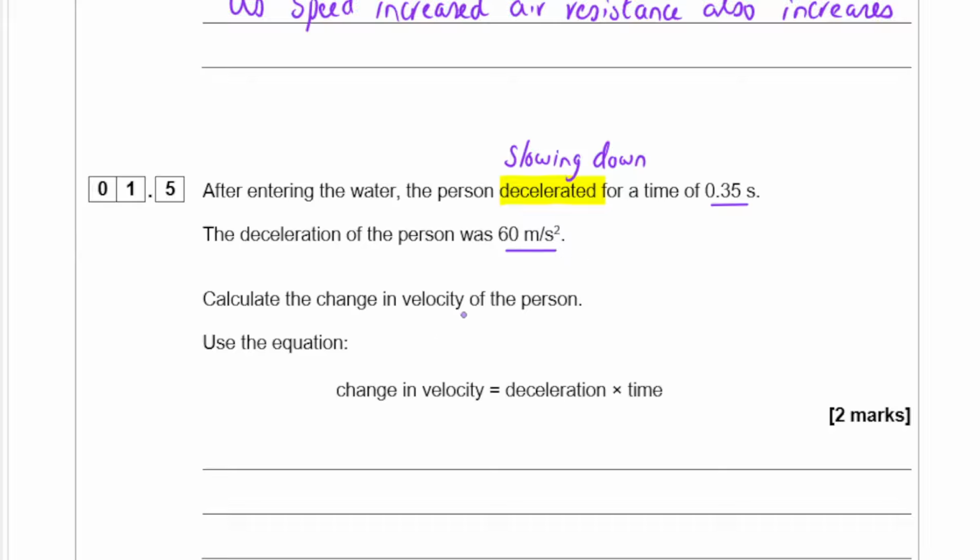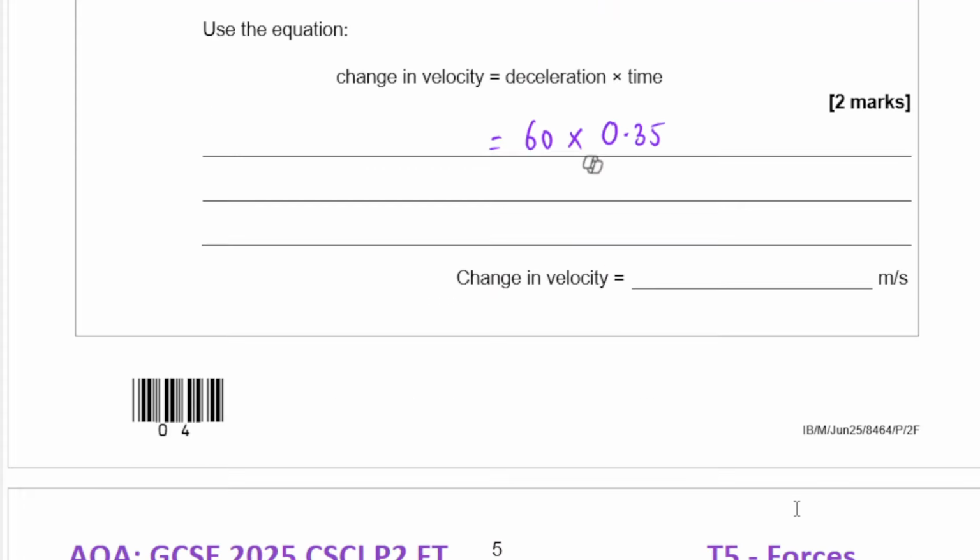Calculate the change in velocity of the person. Now they have given you the equation. Change in velocity is deceleration, which is this 60 value. Now you're not going to be squaring it because the equation doesn't say anything about squaring, so it's deceleration multiplied by time. So that is 60 multiplied by 0.35. That should give you an answer of 21 meters per second.